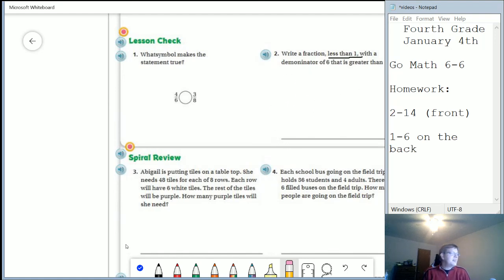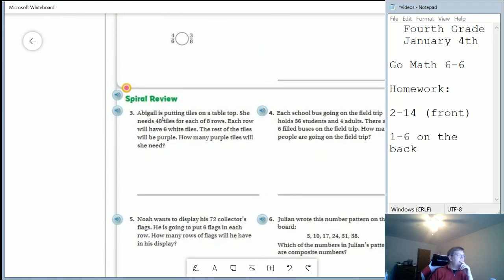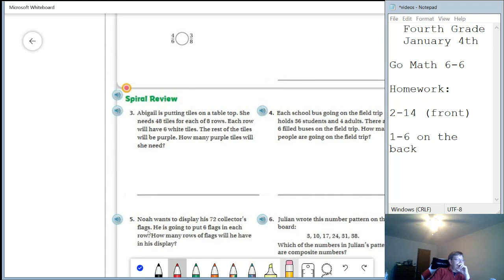Okay, so number 3, we are going to do 48 tiles in each of 8 rows. Each row will have 6 white tiles. Really? Skip number 3. That's ridiculous.